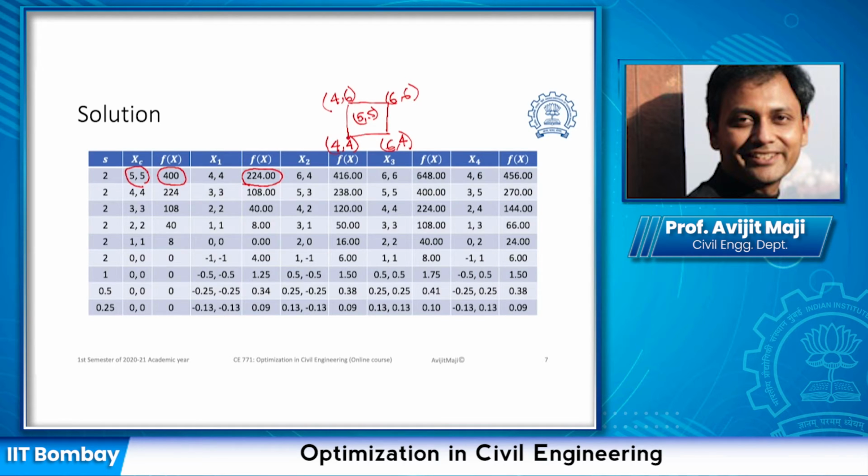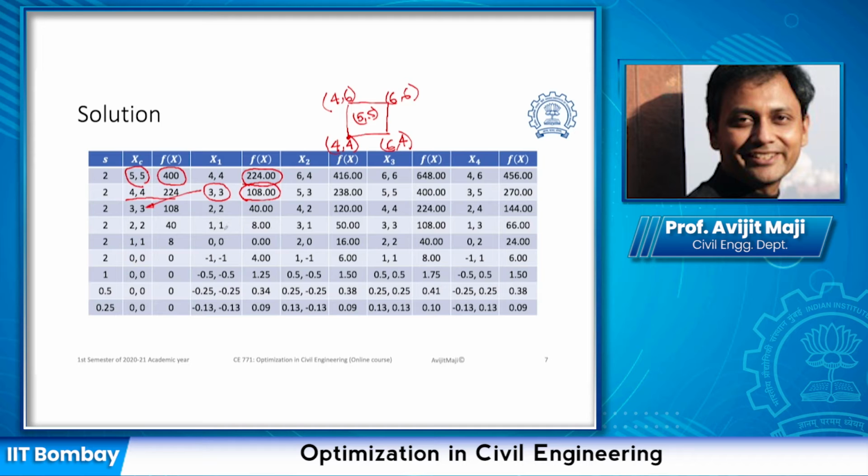So using this as the new center point, we develop the 4 corner points based on the same principle, find the objective function values and compare them to obtain the best one. And here is that. So this point becomes my new center.